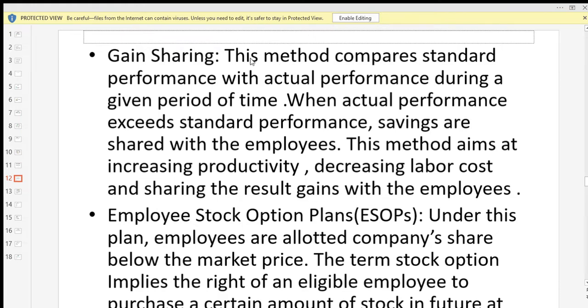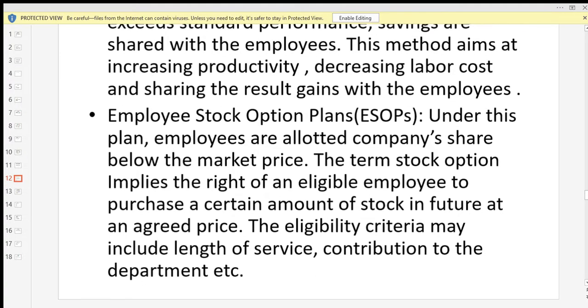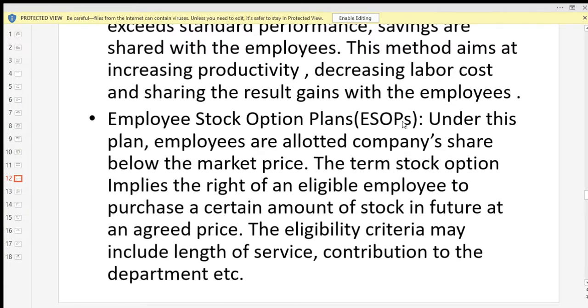So here, the company compares its standard performance, how they're supposed to perform, with how they actually performed. If their actual performance exceeds the standard performance, it means that they gained as a company. And those gains will be shared amongst all the workers, all the stakeholders in the organization.